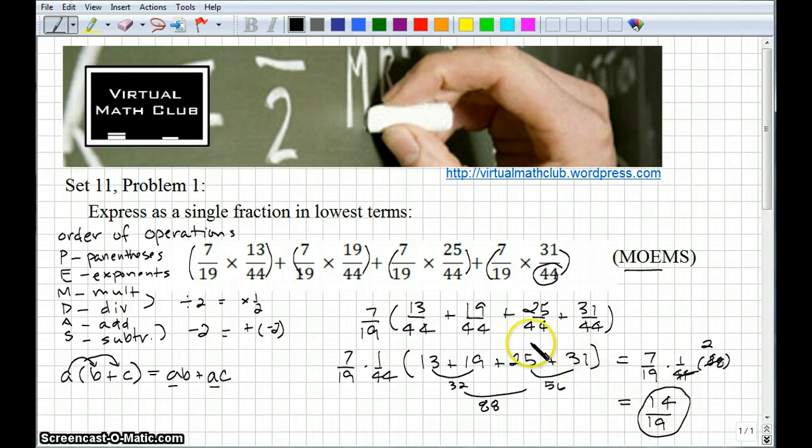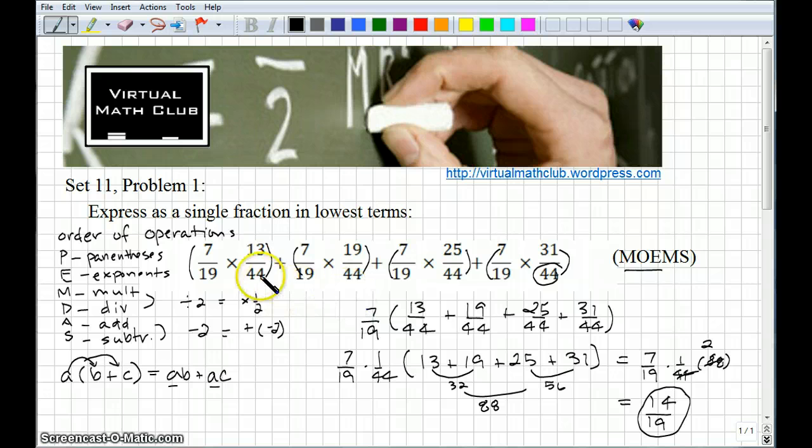So when you see these kind of computation problems, especially on a MOEMS test, or any contest where they don't allow you to use calculators, there's always a trick to simplifying the arithmetic, and the key here was to use the distributive property sort of in reverse. So instead, we're sort of undistributing the common factors in each one of these terms.